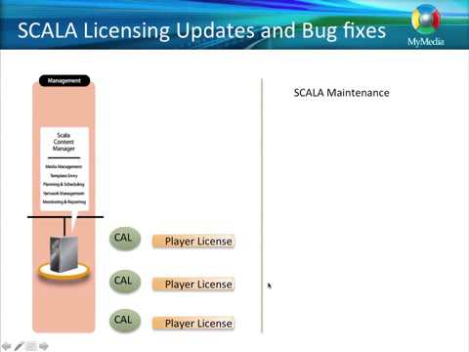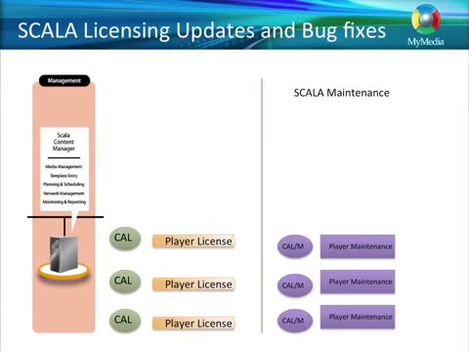In order to allow you to hit updates, you need to order the other maintenance part of that license. I call this CAL maintenance. So you need to order that, and of course 3 or whatever quantity you're ordering. In this example, we're just using 3. And then, of course, the player maintenance.